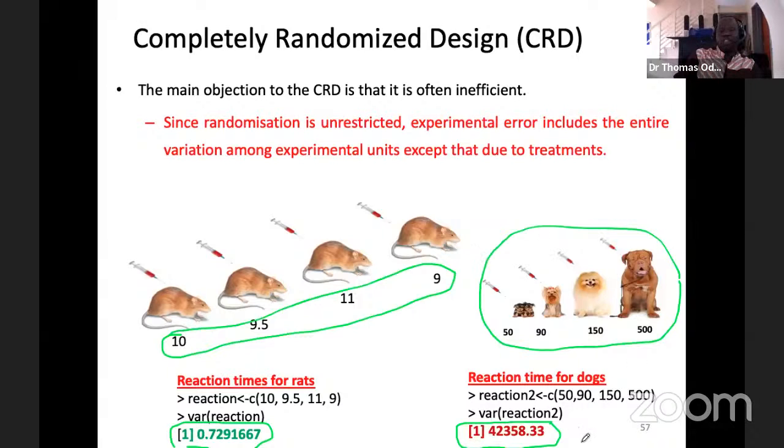So the implication would therefore mean that if you don't design your experiment very well, you're going to have a lot of noise. And once you have a lot of noise, then you will not be in a position to detect any signal. It's the same as if you're in a noisy place. Let's say, for example, you go to a bar and then somebody calls you. Of course, the signal that comes from the phone will remain constant, but your environment will determine whether you're going to pick that signal or not.